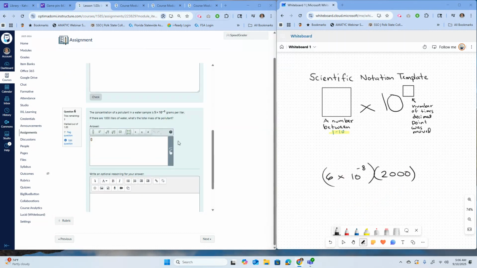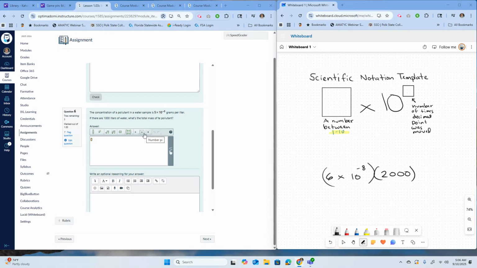Problem number 6, another word problem. When you read the problem, it basically is asking you for the total mass of the pollutant. If there's 1,000 liters, instead of 1,000, I'm going to use 2,000. And the amount of grams per liter is that number in scientific notation. I changed it to this one, 6 times 10 to the negative 8 power.